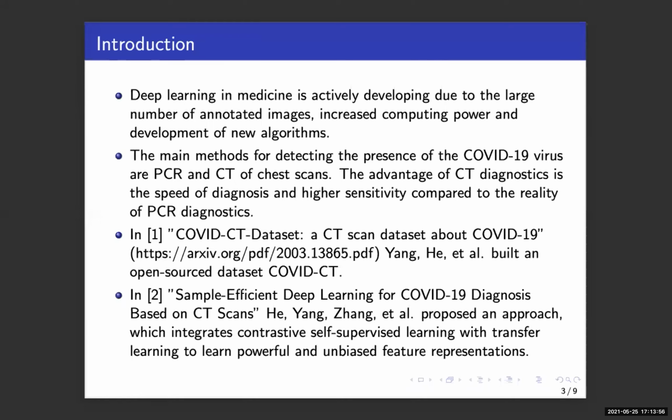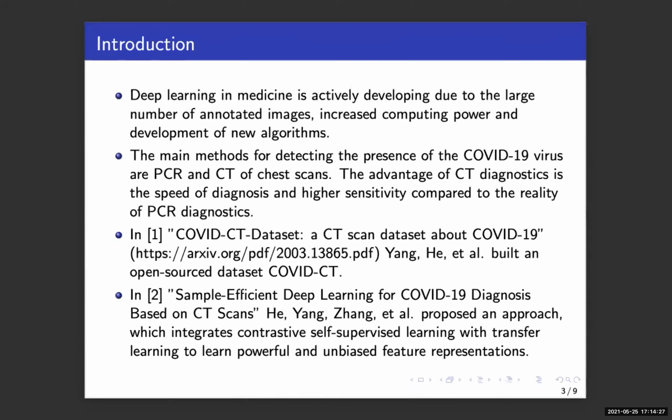In the work COVID-CT-Dataset, a CT scan dataset about COVID-19, the authors built an open source dataset, COVID-CT. For this, they parsed a large amount of scientific papers and collected the images which were given as examples in these papers.